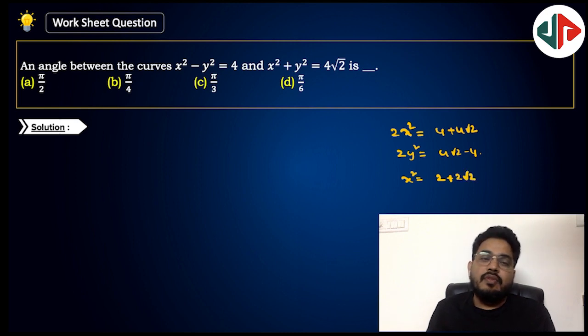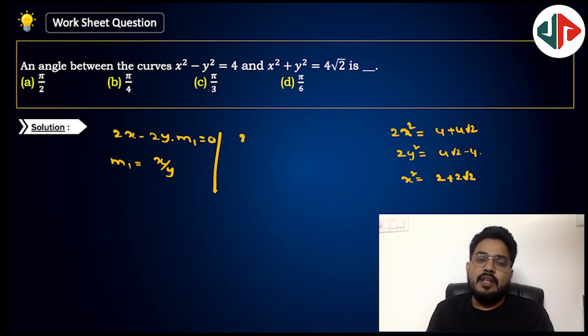So from this one, 2x minus 2y dash is equal to 0, so m1 is equal to x by y. And if I take this one, 2x plus 2y dash is equal to 0, so m2 is equal to minus x by y.